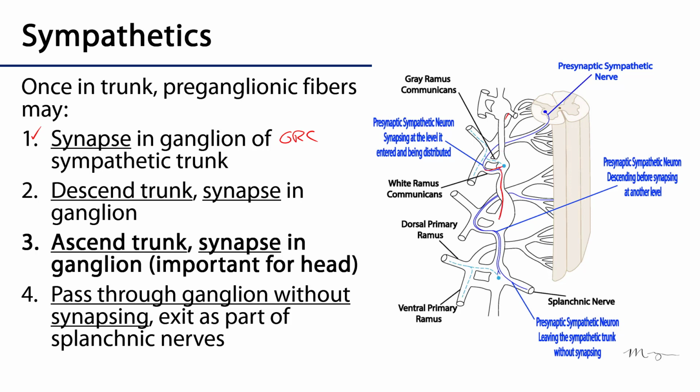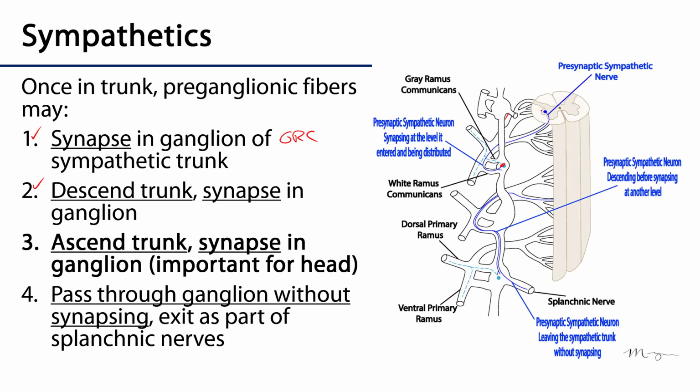It can go down and it can synapse in another ganglion at a different level, and then it can travel back to the spinal nerve via the gray ramus communicans there and be distributed throughout dorsal and ventral primary rami. So that's the second thing that can happen. It can descend the trunk before it synapses.